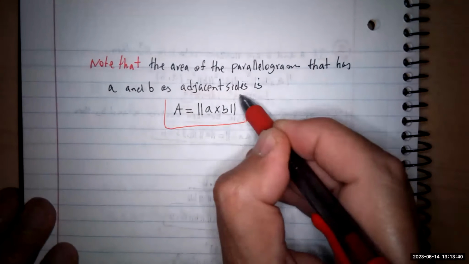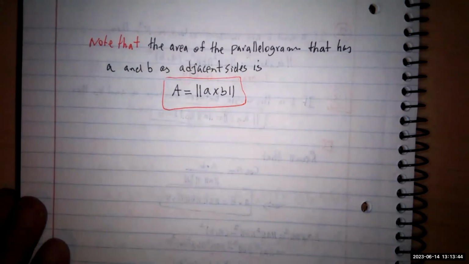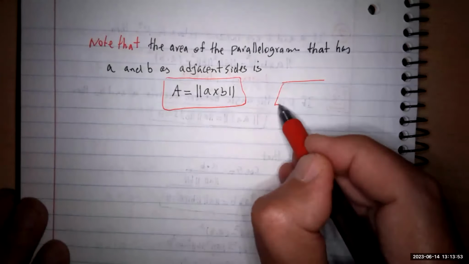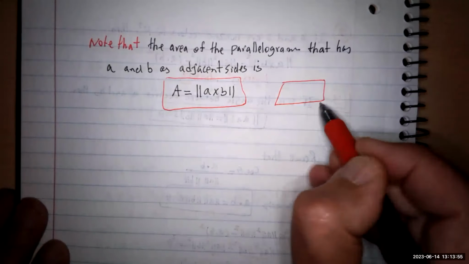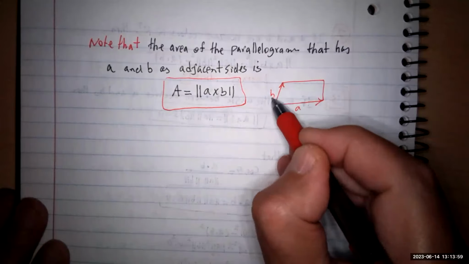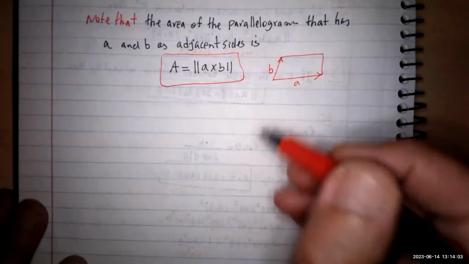You can use it in order to find it. Okay, any question? So that would be useful. So you must have these as adjacent sides to be able to find it. If this is the case, then the area is going to be this.